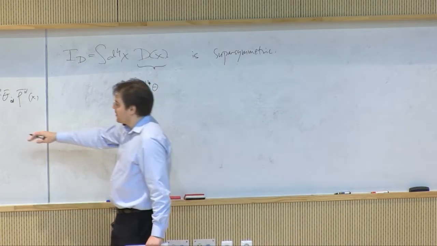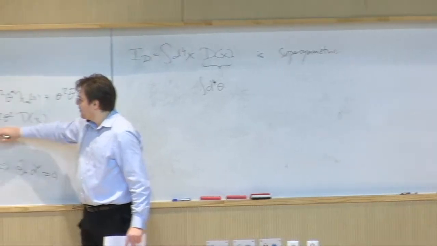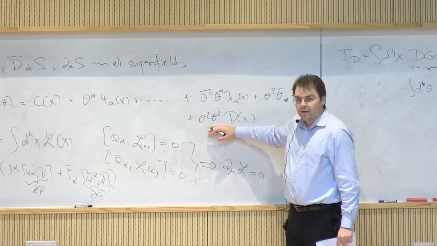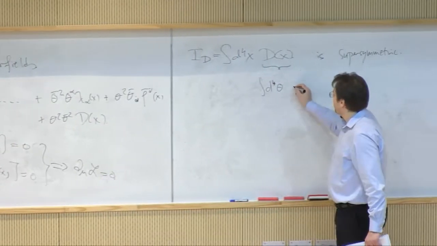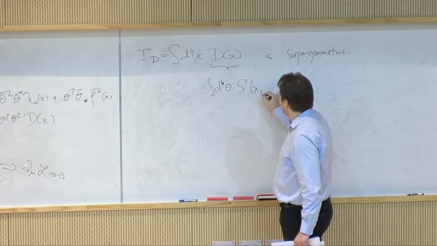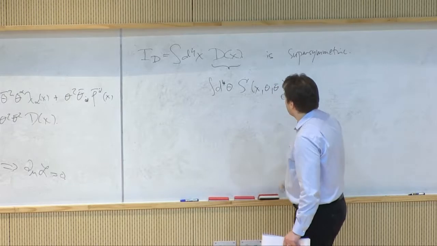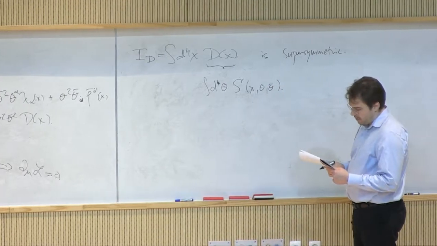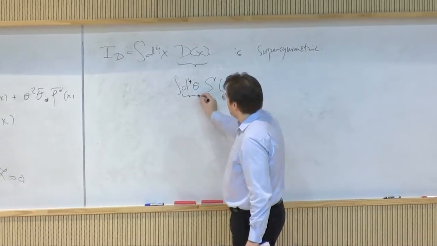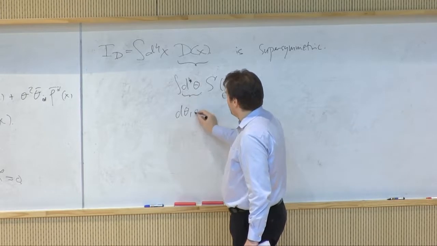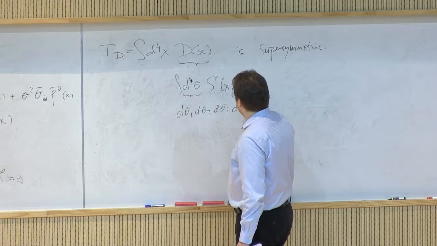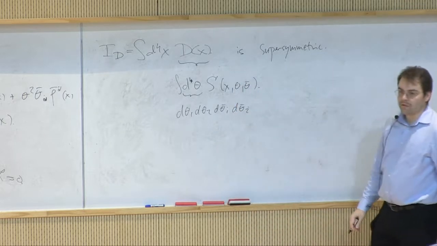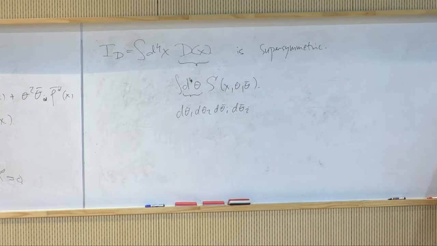And we have such a Taylor expansion here, so if we do a Grassmann integral over all four theta and theta bar coordinates, we're going to pick out exactly D. So we can simply write this D term as a d4 theta integral over the entire superfield. Where by d4 theta here, I really mean d theta 1, d theta 2, d theta bar 1 dot, d theta bar 2 dot. It's really a volume integral over the odd directions of superspace.